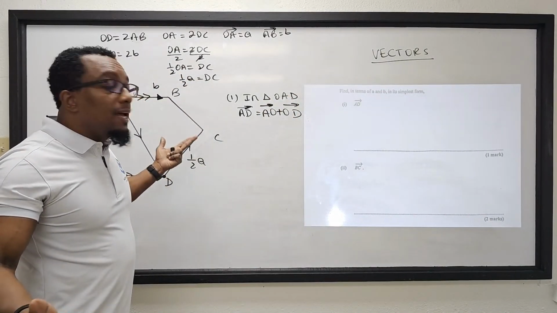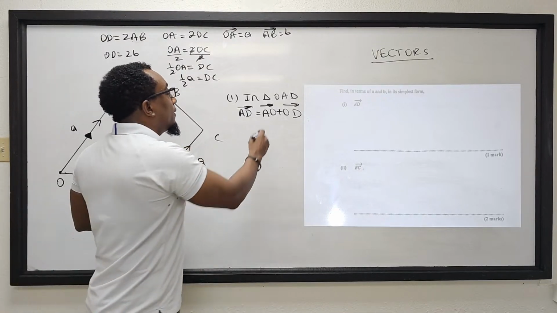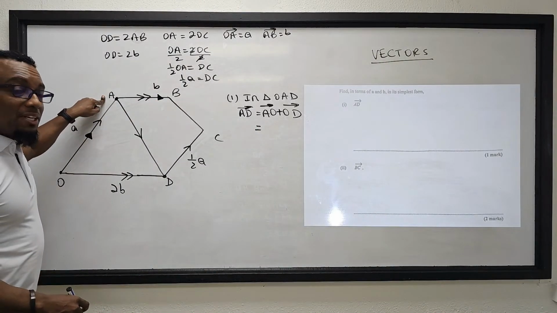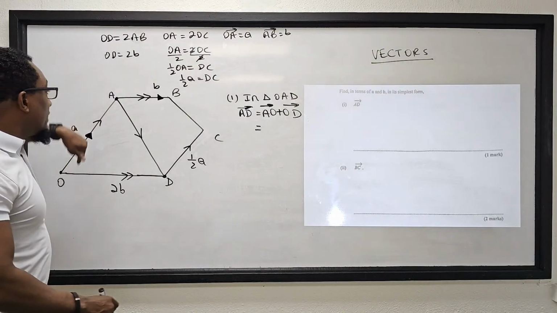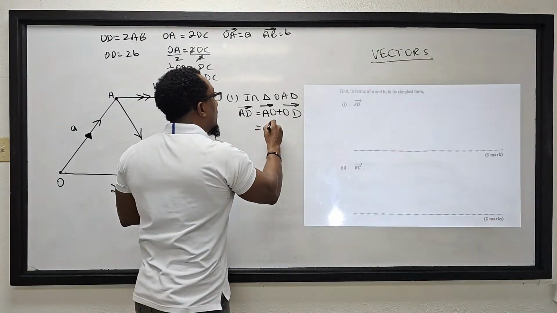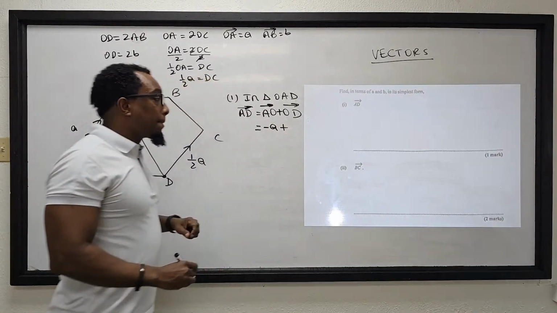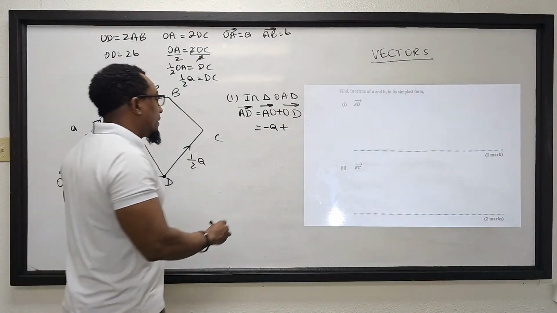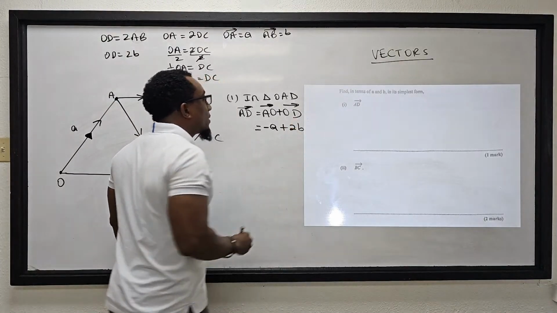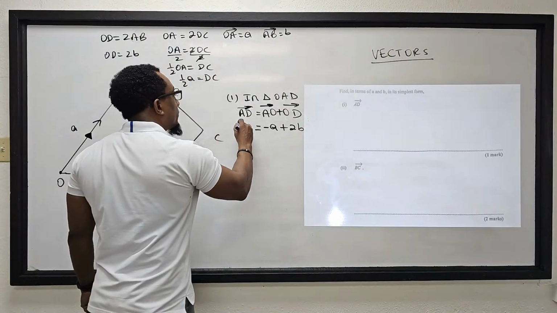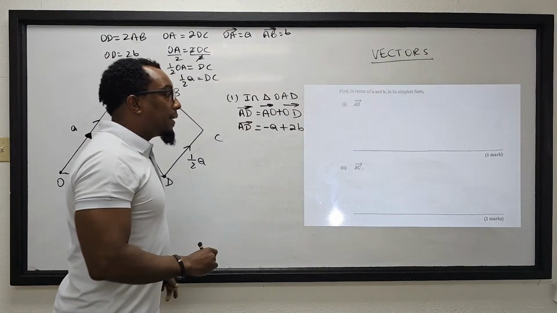Yeah? I want to make sure you understand that important rule. And what is AO? You have OA, that's the direction from O to A. So AO means you're moving in the opposite direction, so the sign of the magnitude changes to negative A. Plus OD, like OD you're moving from O to D, so you write 2B. So the magnitude of AD is negative A plus 2B. So that's part 1.